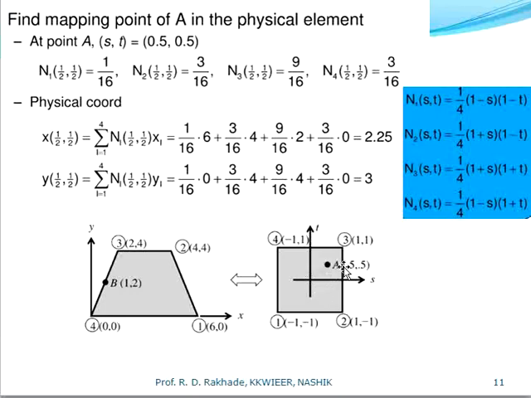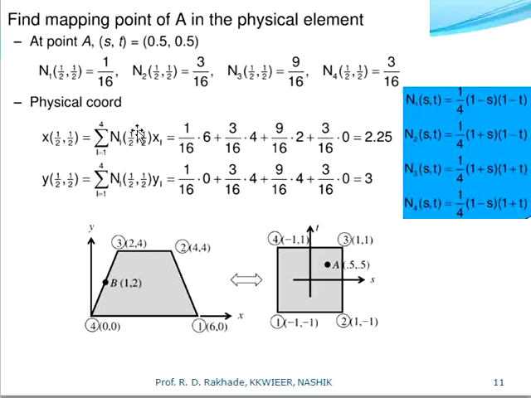The position of A is 0.5 and 0.5, that is the value of s and t. Then by using the shape function formulas N1, N2, N3, and N4, we can simply calculate the value of all these 4 N's by putting in the s and t values. So we get N1 = 1/16, N2 = 3/16, N3 = 9/16, N4 = 3/16.